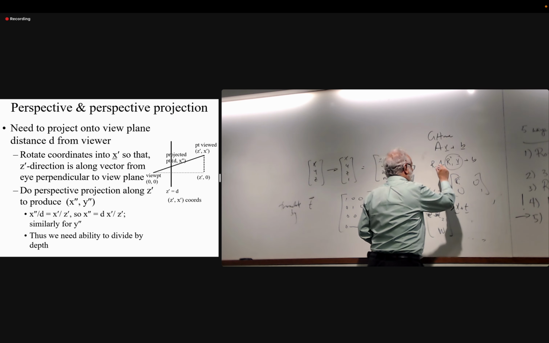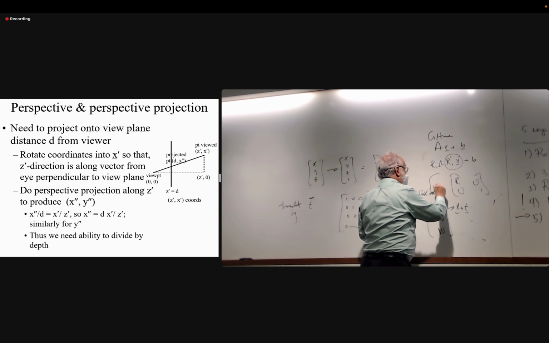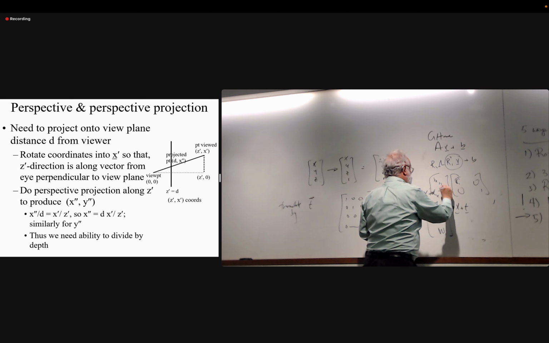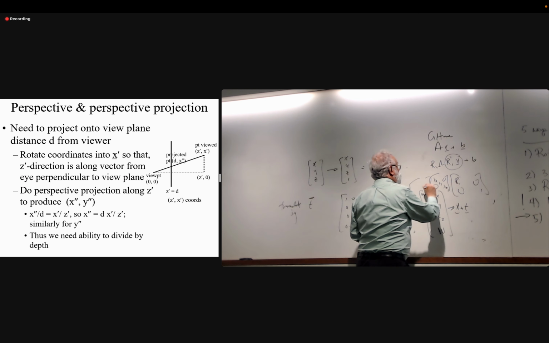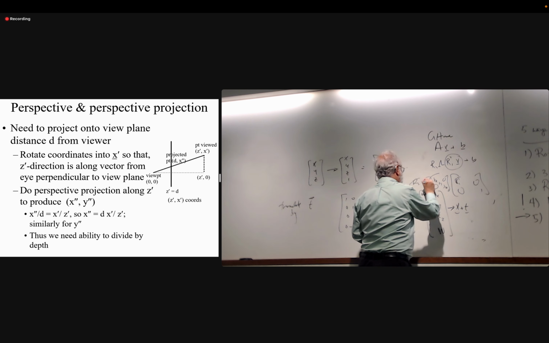Then we have this lambda, which is lambda x, lambda y, lambda z, 1. And then we multiply on the left by R2, which is going to be R2 and 0, 1.